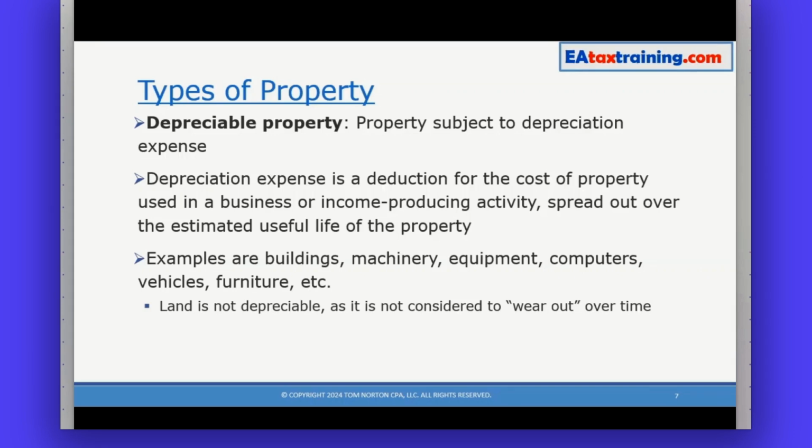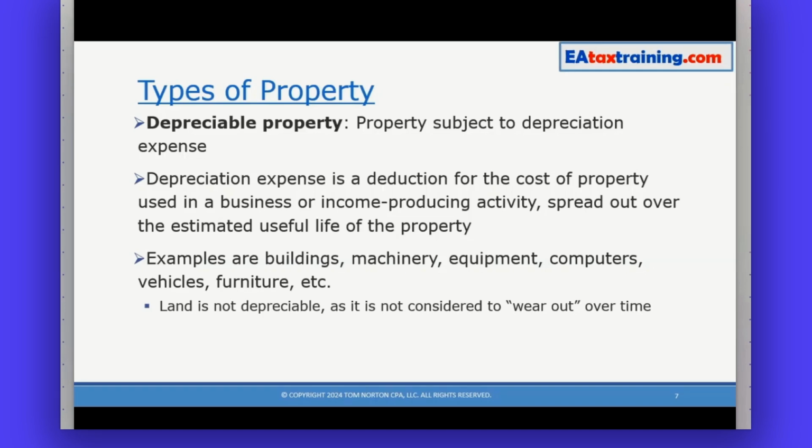And again, it is a business tax concept. Examples of the types of assets that can be depreciated are buildings, machinery and equipment, computers, vehicles, furniture, etc. One main exception is land, because land is considered not to wear out over time. Now, we can talk about erosion and all of that, but for purposes of the tax law, they say, hey, the land is there now.